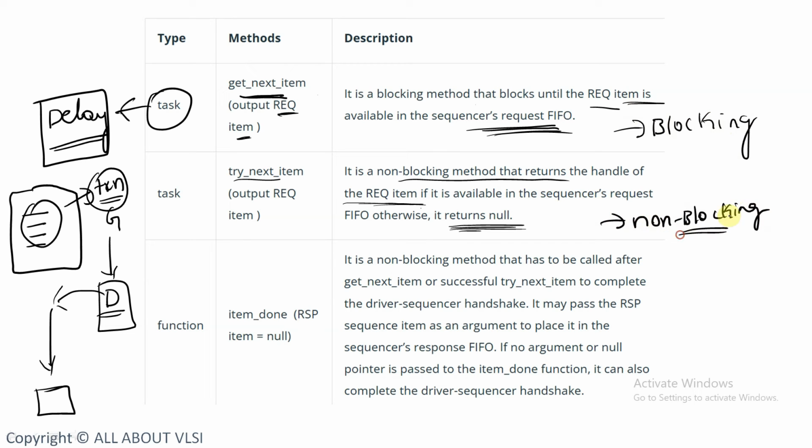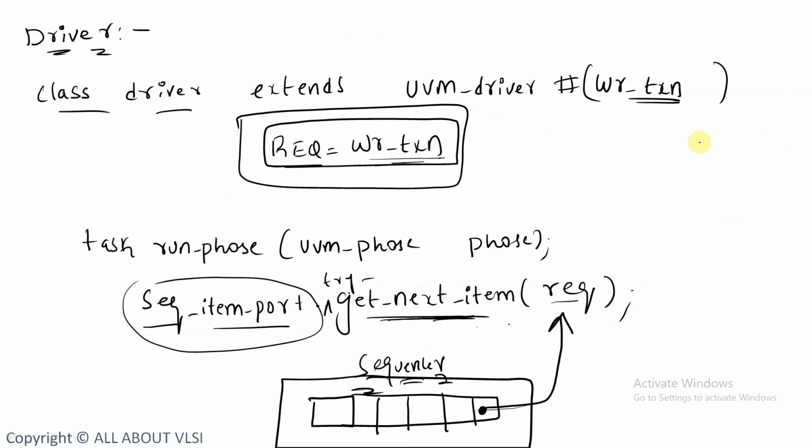Now, if you are learning UVM for the first time, what you need to understand for now is what this sequence item present in the FIFO is and what we are getting. Don't worry about anything else. We are getting the transaction items, the sequence items, or you can say the transaction objects, from the sequence via the sequencer to the driver.